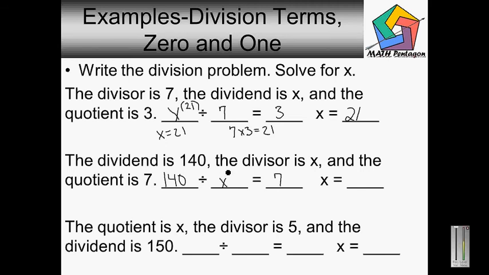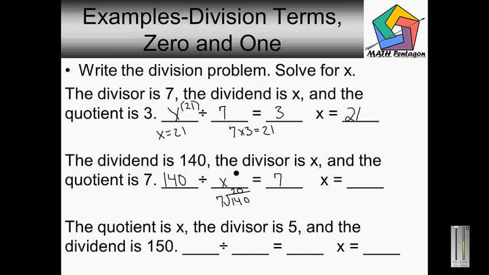So in order to figure out the x, I would just do 140 divided by 7 to figure out the x in this equation. So 7 goes into 140. First we go, 7 goes into 14 how many times? 2 times. And 7 goes into 0 times.